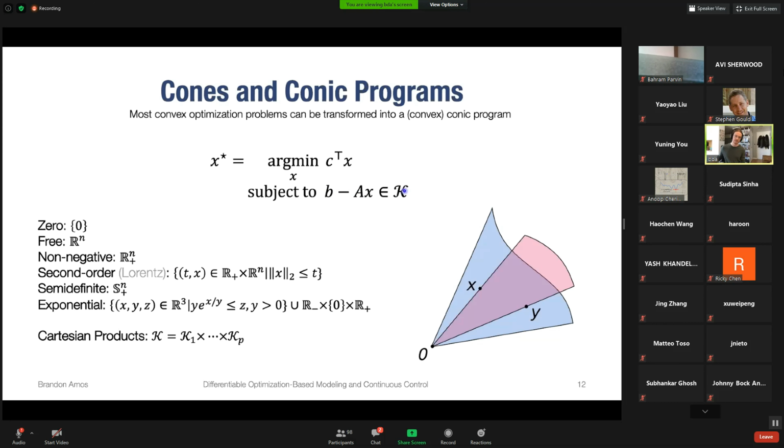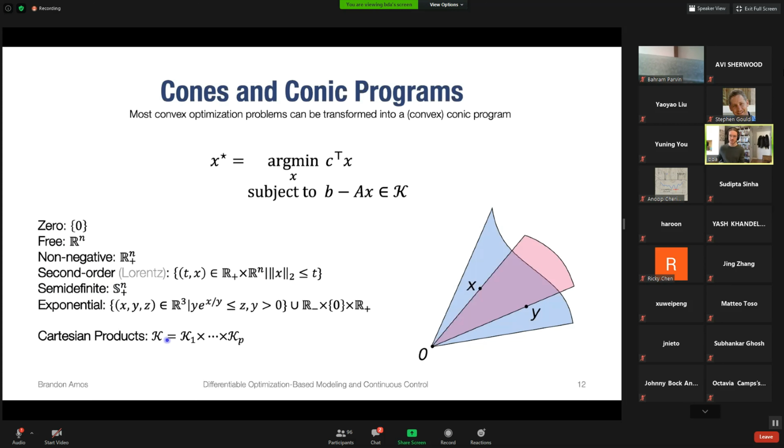And you have this constraint where this mapping lies within some convex cone, where the convex cones can be simple cones, like maybe this mapping is just zero, or you could have the free cone or other more complex cones, like the second order cone, or semi-definite or exponential cones.